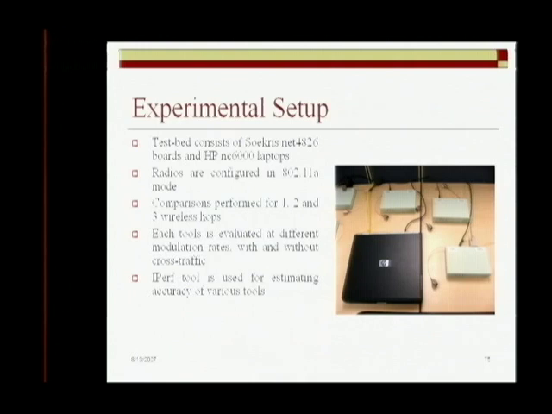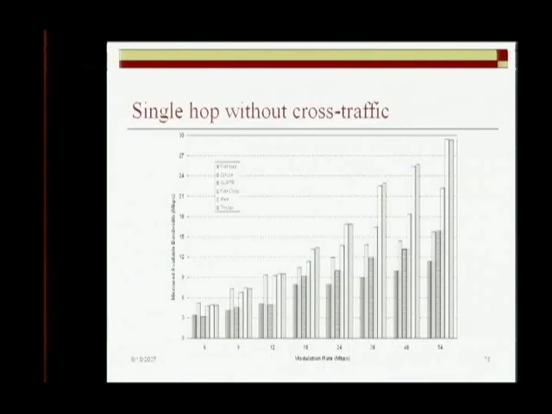We used 802.11a to avoid interference from the nearby network, and we evaluated each tool at different modulation rates, with and without cross traffic. We use iperf, and I'm not saying that iperf is the best tool, and ThruLay as the base comparison, as has been done in some of the other studies also.